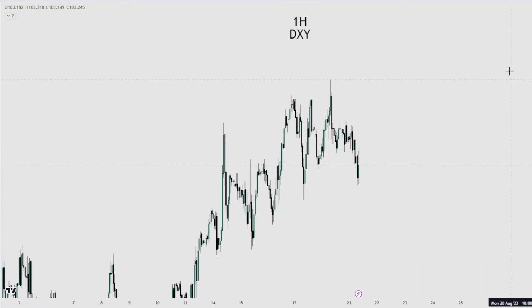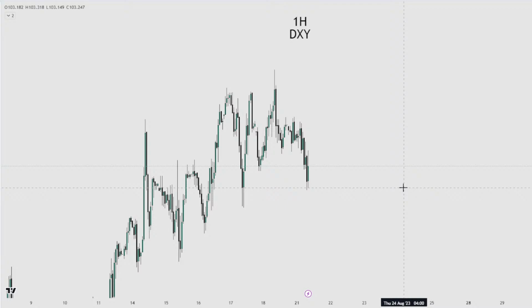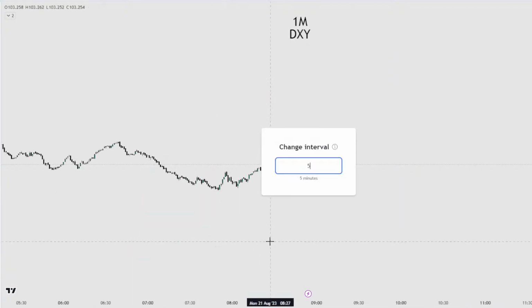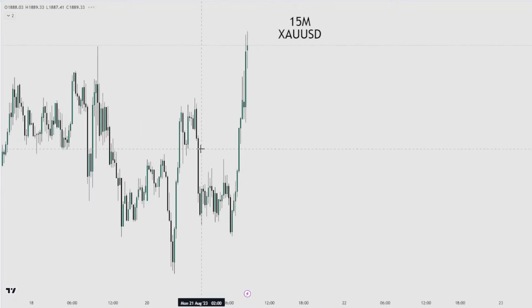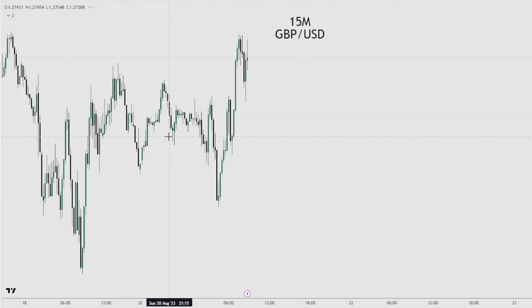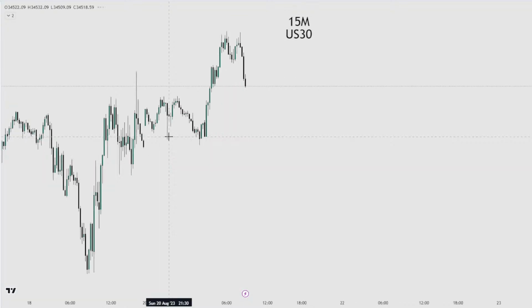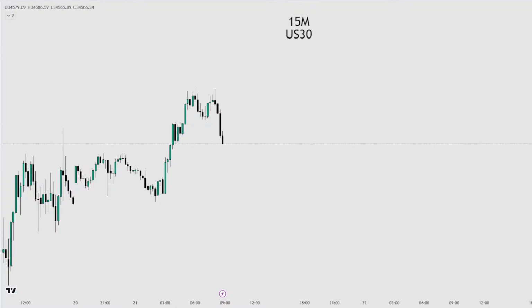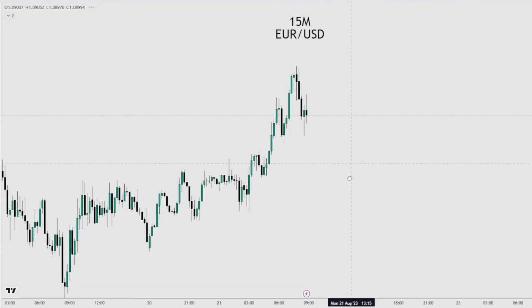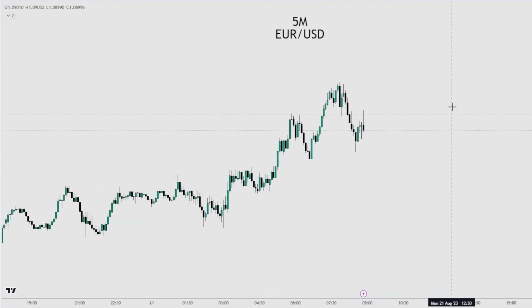I'm trying to look at potential lower prices for dollar, but at the same time we could easily see lower prices for euro, which would mean dollar goes higher.